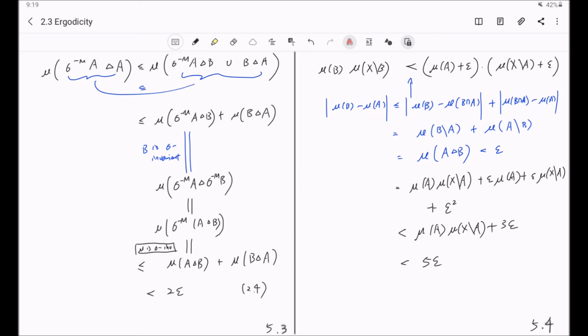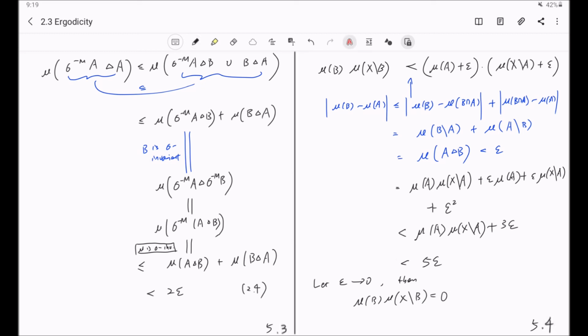In the end, no matter how many times epsilon, we just take epsilon to go to 0. So in the end, we will get mu of B times mu of the complement of B is equal to 0. So let epsilon go to 0. Then we have the product of those two guys equal to 0.